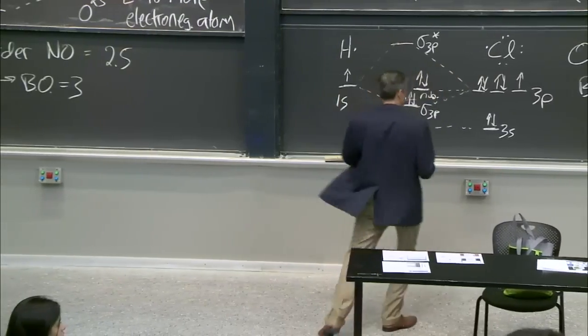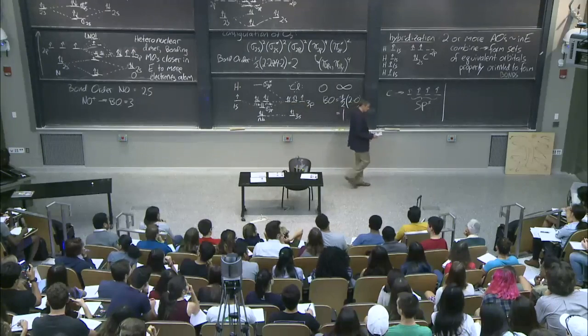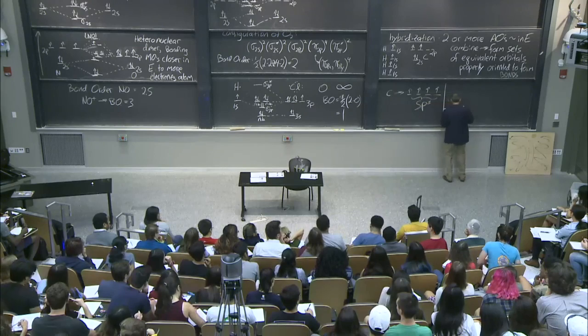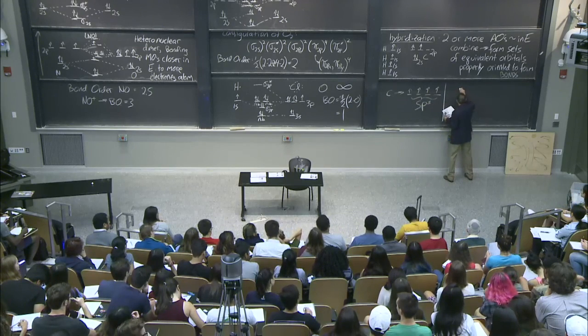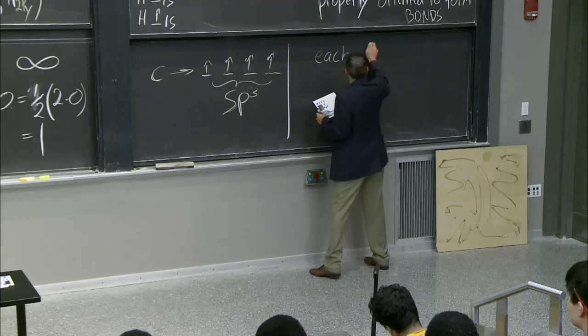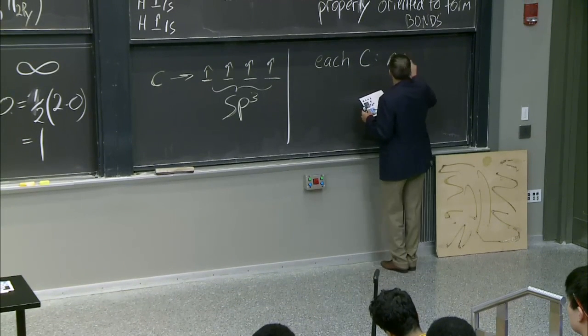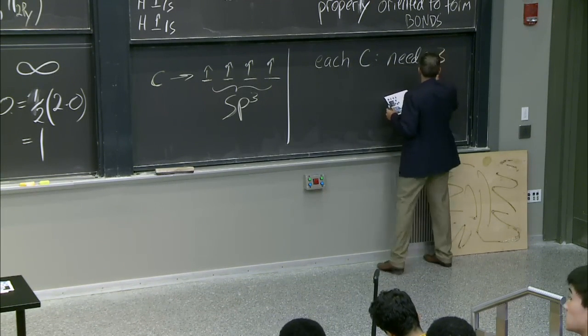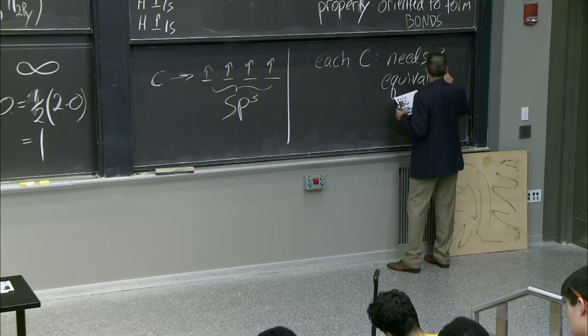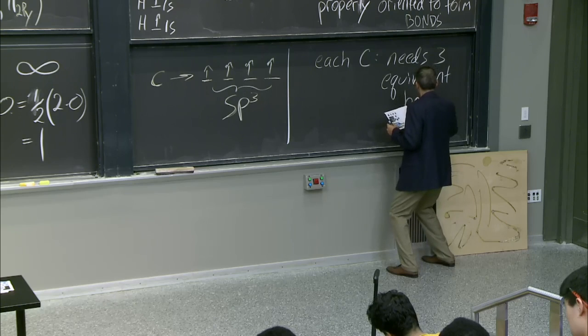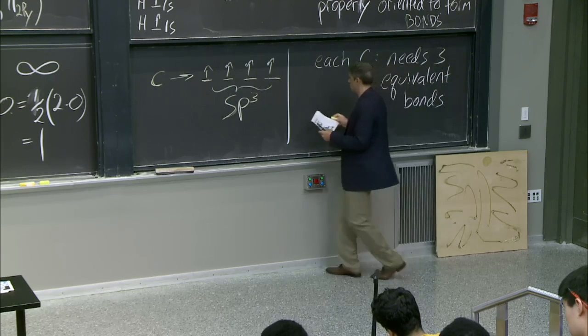But anyway, for ethylene, you've got a different situation, because each carbon atom needs 3 equivalent bonds. And it can do that too.